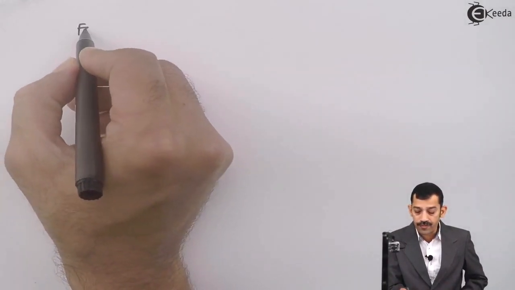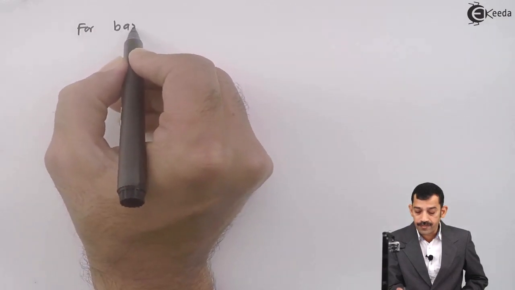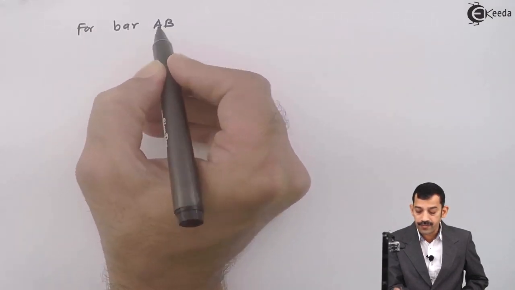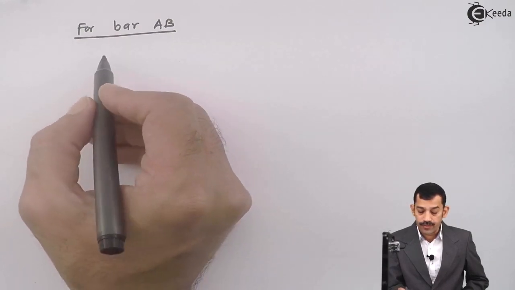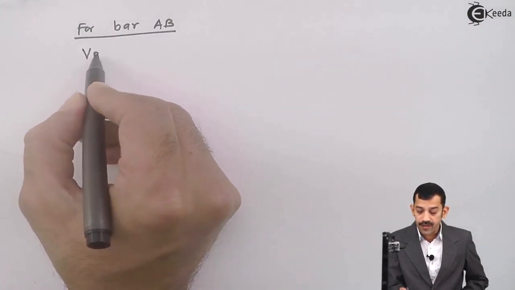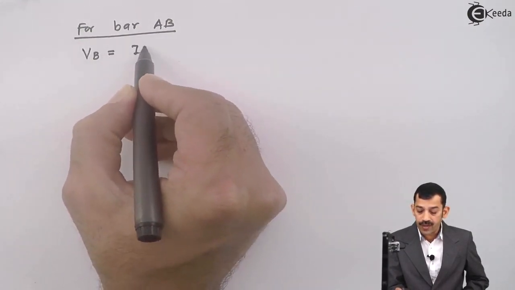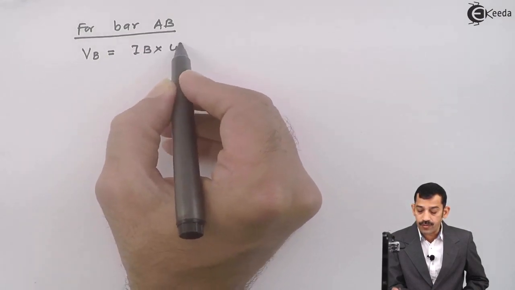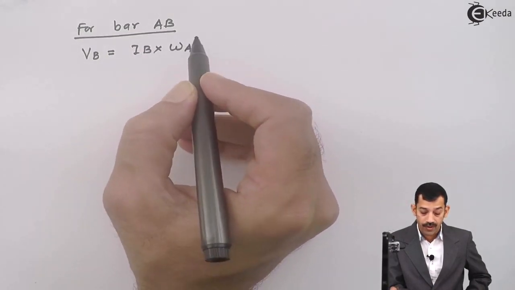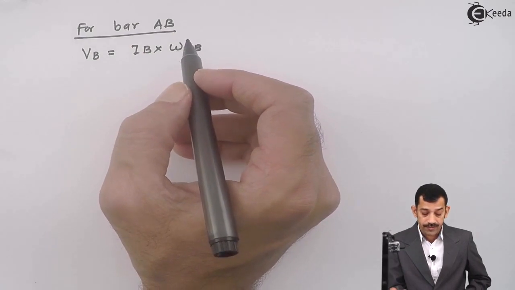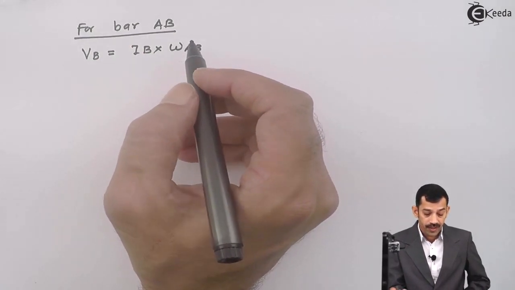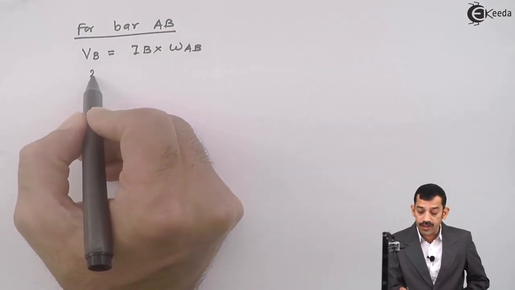Therefore, for bar AB, what is known is VB. Therefore, VB equal to IB into omega AB. VB already given, this is 2 meters.